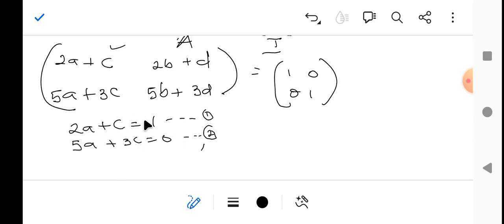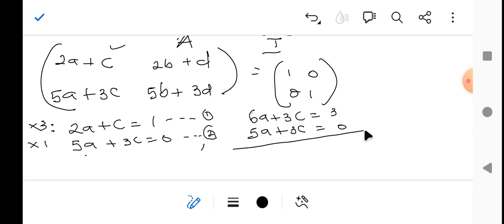You can pick any method, but here I will go with multiplying this equation by 3 and this equation by 1, so that the c terms will tally. So multiplying here by 3, I have 6. So this equation now becomes 6a plus 3c equal to 3, while the second equation remains the same: 5a plus 3c is equal to 0.